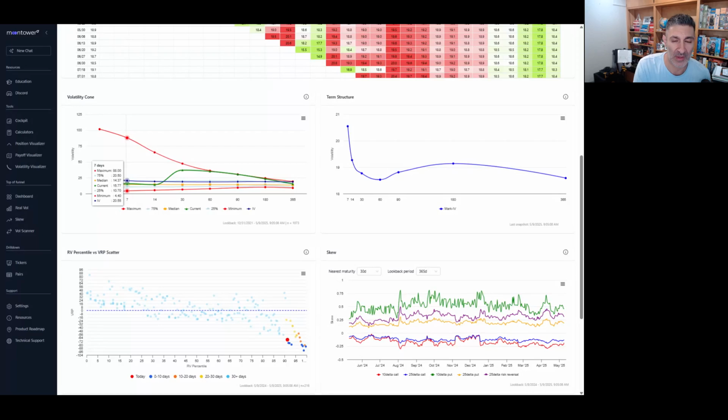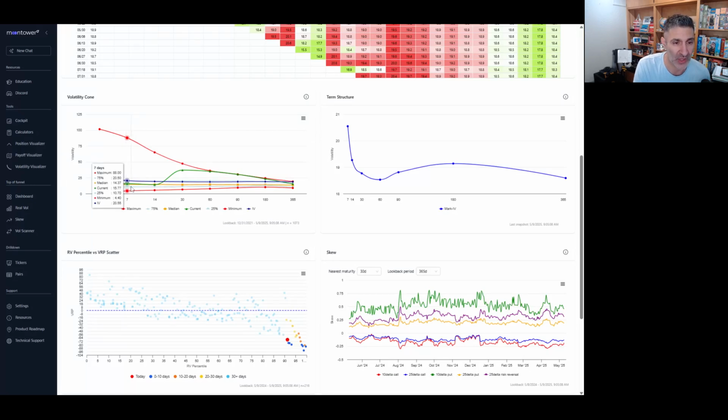But in the absence of that, this is the chart you would look at to be like, well, those VRPs are really negative, but actually, how are we realizing right now? And what's kind of nuts is your median over the last couple of years, going back to the beginning of 22, or end of 12/31/21, if you look at the 7-day realized vol, the median 7-day realized vol is about 14.37.